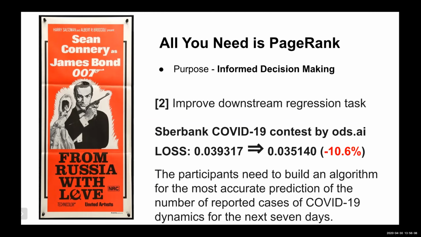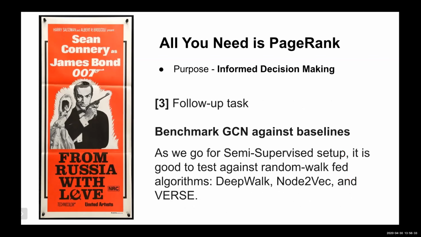And as the contest is about to finish, participants are sharing their models, and we have started embedding those topological features into winning models. And I think the 10% improvement of loss function is something great, and it gives us a reason to do a follow-up.